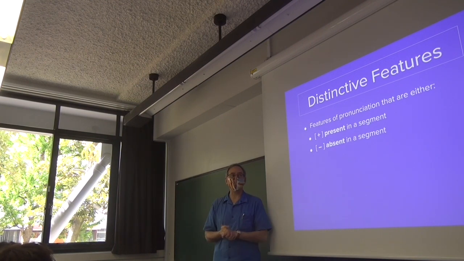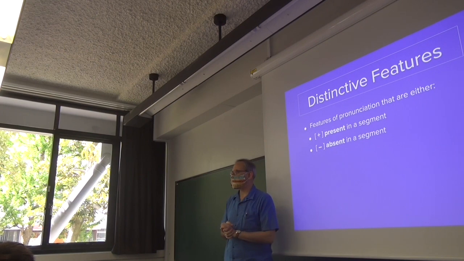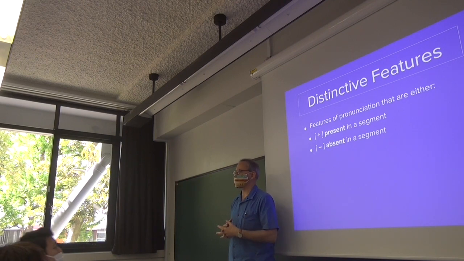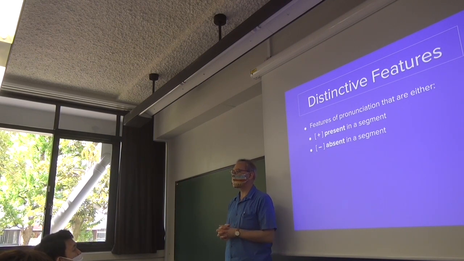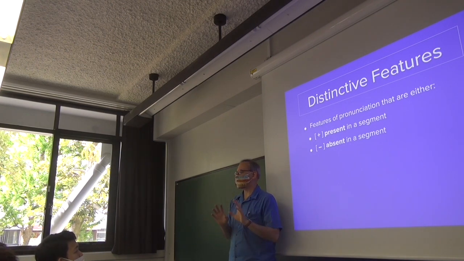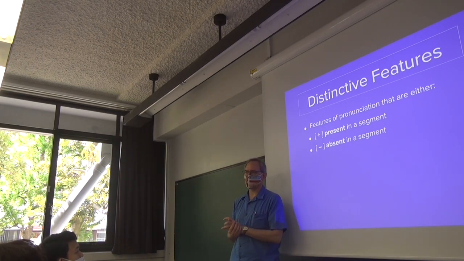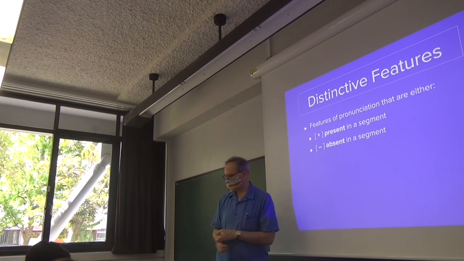And these features can have a value, either a plus value or a minus value. If we have a plus value, then that feature is part of the pronunciation of that segment. If the feature has a minus value, then that feature is not part of the pronunciation of that segment.